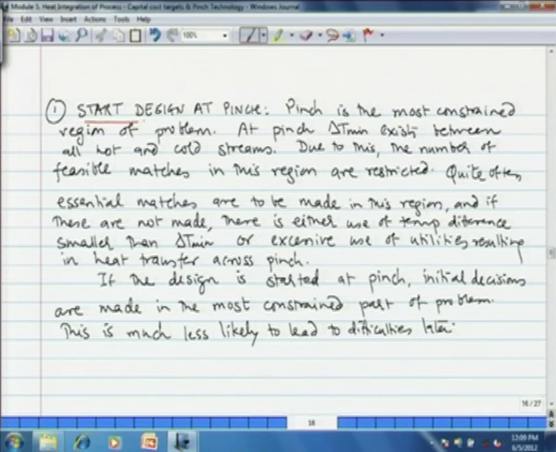So, the first constraint that we already have introduced: start the design at pinch. Pinch is the most constrained region of the problem. At pinch, delta T min exists between all hot and cold streams, and due to this the number of feasible matches in this region is restricted. Quite often essential matches are to be made in this region before we go for the subsequent matches or complete heat exchanger design. Why?